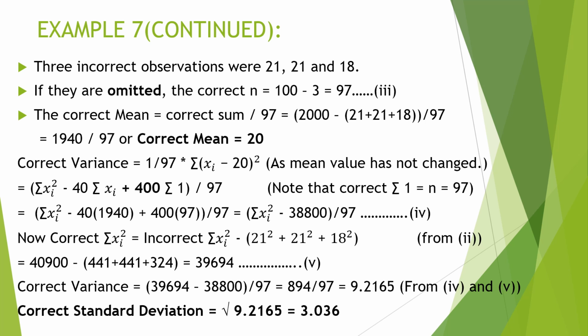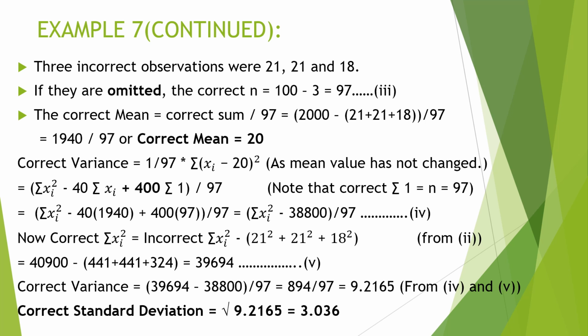So what we have got is new or the correct sigma xi square is equal to the incorrect xi square minus 21 square plus 21 square plus 18 square. See, now why we are doing this is to find the correct xi square. From the incorrect xi square, we have to remove the squares of the observations which we have omitted.